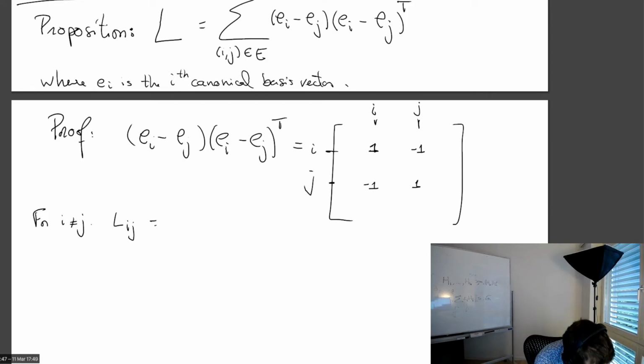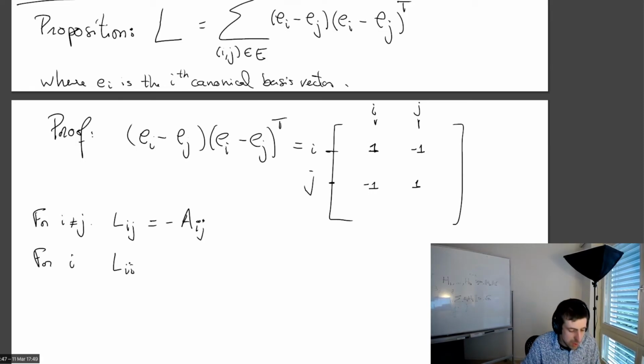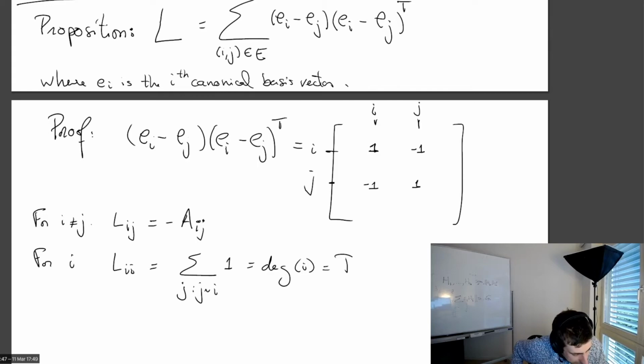So L_ij is exactly minus A_ij. You get a -1 if they're connected, and you don't get anything if they're not. And for i equals j, for any i, L_ii is what? It's just counting how many times this sum shows up with an i, right? So it's just the sum over all j such that j is connected to i of 1. So this is exactly the degree of i, so it's exactly the d_ii.